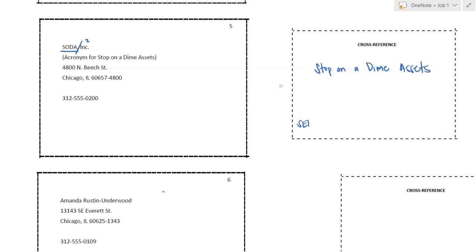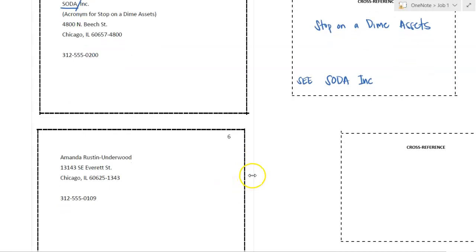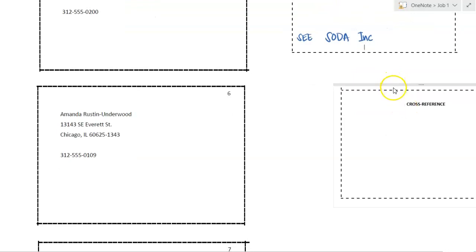And my C notation is going to be SODA Inc. Okay, remember when we're figuring out our filing segments and coding, we do not include any punctuation such as the comma or the period.